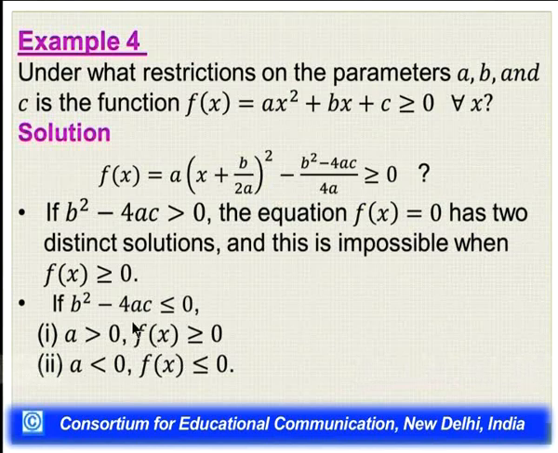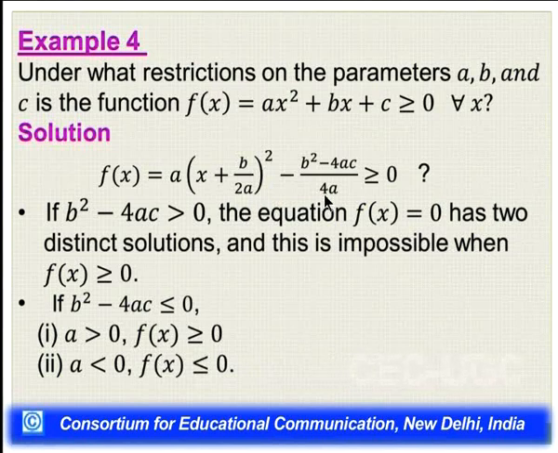Now, if b square minus 4ac is less than or equal to 0, we can have two possibilities here. Either a is positive or a is negative. Now, if a is positive, note here in our expression for f of x, this modified version, this first term is going to be positive, and for the second term we have a times x plus b by 2a the whole square, minus (b square minus 4ac) upon 4a.